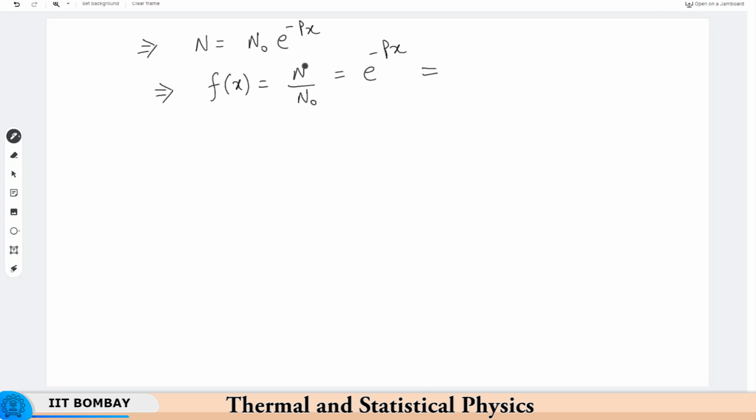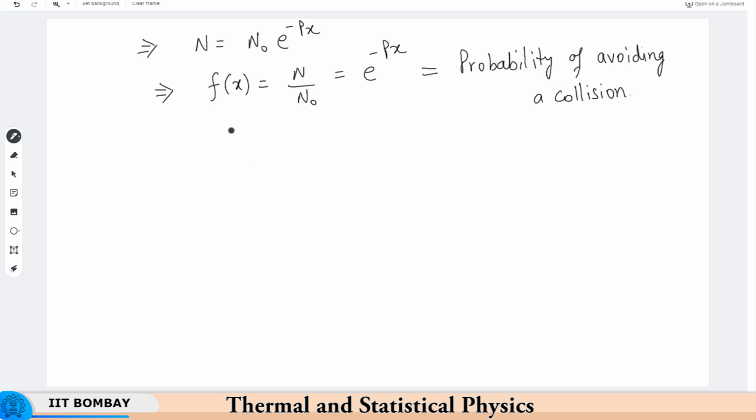This is how many molecules, after travelling distance x, did not undergo collision, divided by the total number of molecules that we started with, and this is nothing but the probability of avoiding a collision. Okay. But remember, here we have a term p which is an unknown constant and we have to evaluate it.